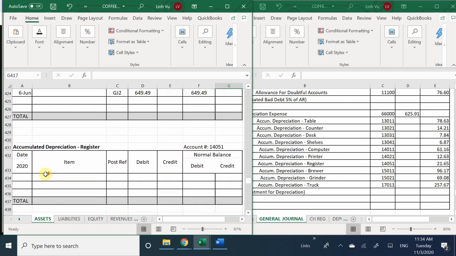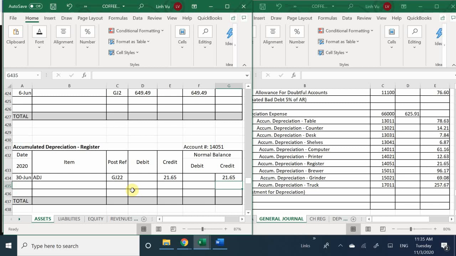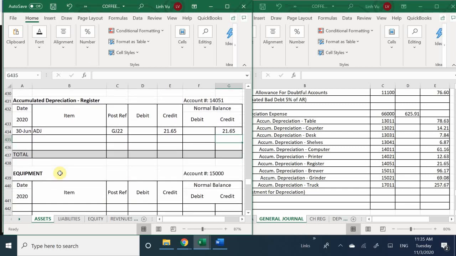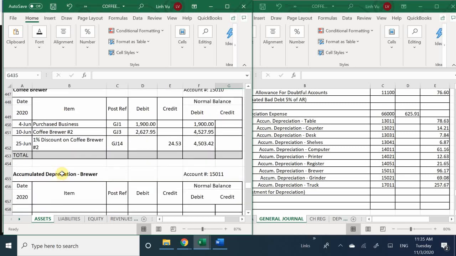Scroll down. Here's my register. Adjustment. General journal number 22. $21.65. Oops, went too far over one. There you go. So 21.65 should be my balance. Okay. And then we're going to go into our equipment. So here's the coffee brewer.